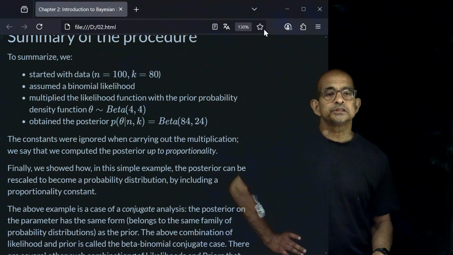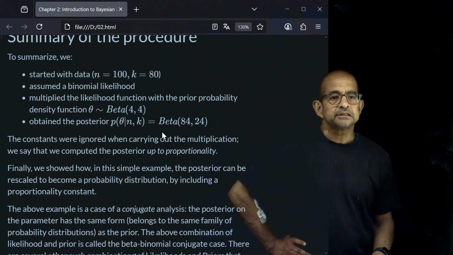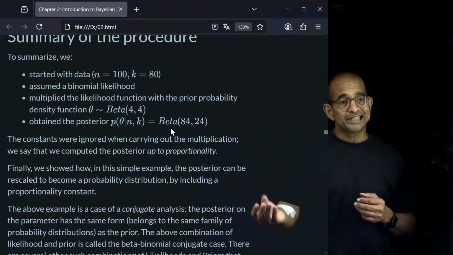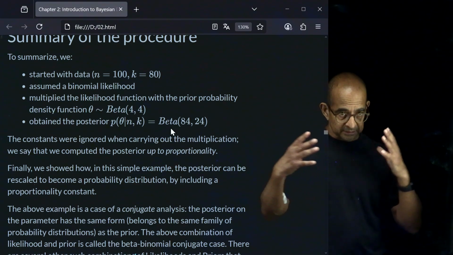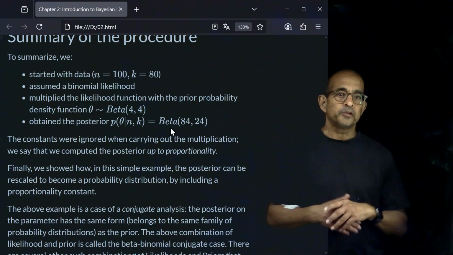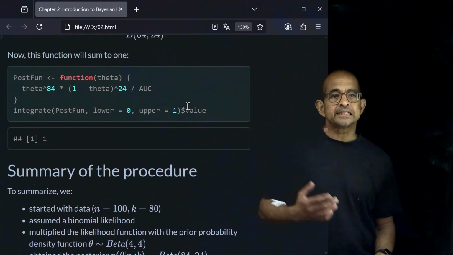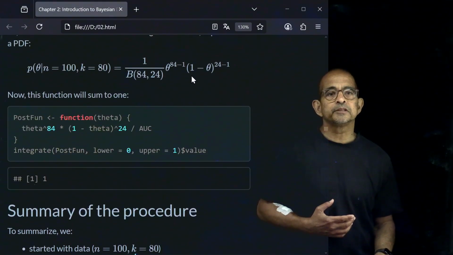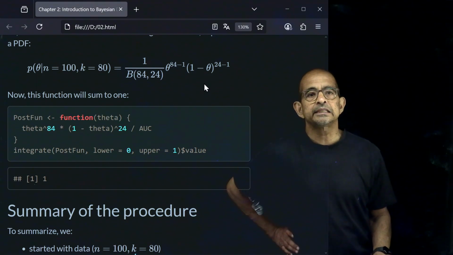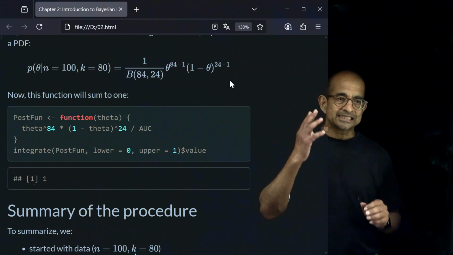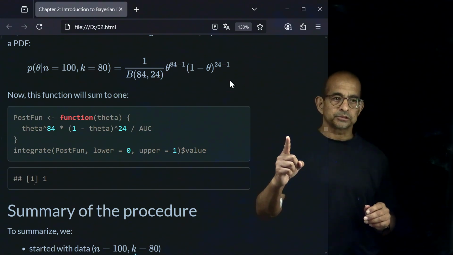As you noticed, the underlying form of the probability density function of the posterior distribution of the theta parameter is the beta distribution. Why? Because once I did those multiplications, that gave me this term here. This kernel is exactly the kernel of the beta distribution, right?